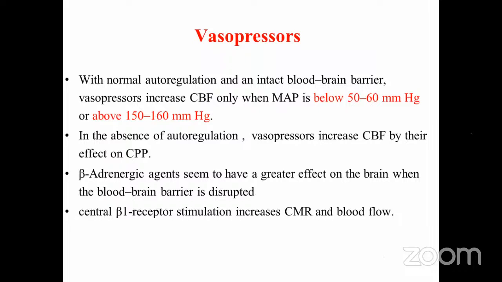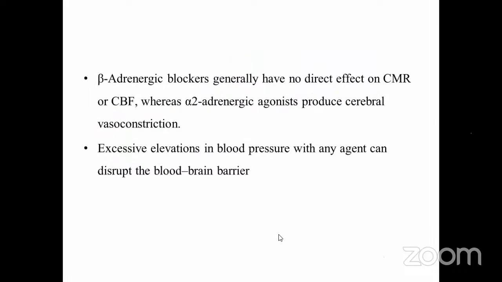Central beta-1 receptor stimulation increases cerebral metabolic rate and blood flow. Beta blockers generally have no direct effect on cerebral metabolic rate or cerebral blood flow, whereas alpha-2 adrenergic agonists like clonidine and dexmedetomidine produce cerebral vasoconstriction. Excessive elevations in blood pressure with any agent can disrupt the blood-brain barrier.